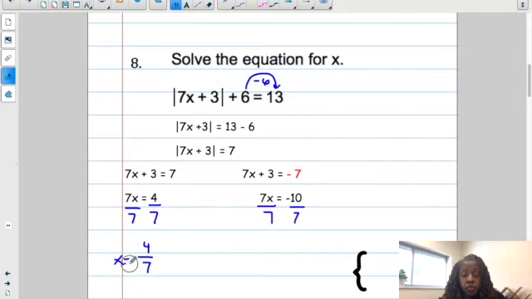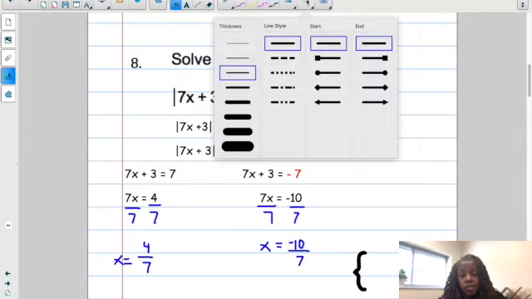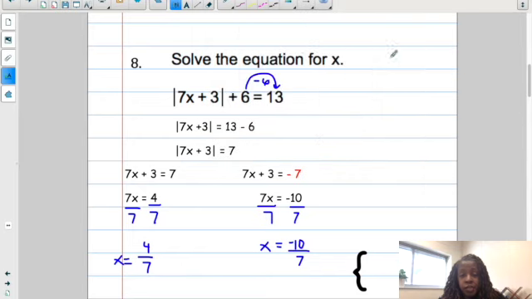Now, just as with every equation that you ever solve, you should always check to make sure that your solution is absolutely correct. I leave you to that because I don't want to use up a lot of your time plugging in numbers, but oh well, I guess I will. You know I like to do it anyway. So this is my check for both of these, and I do encourage you to check them as well.